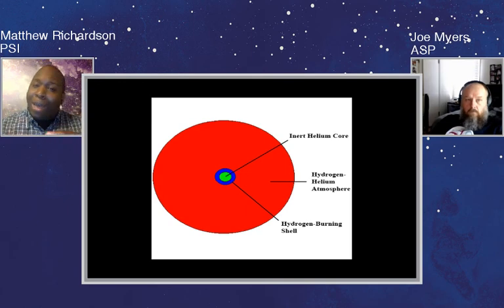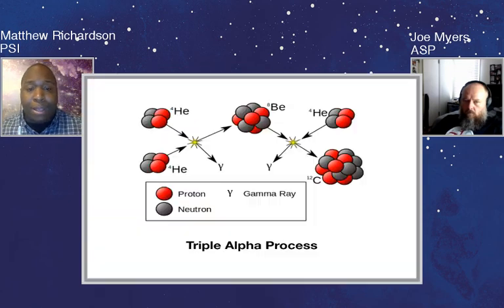But eventually the core of the star will begin to shrink more and more over time, and eventually it will shrink down to the point where the pressure will build such that the temperature increases enough to the point where we'll have helium fusion. What will happen here is what's known as the triple alpha process.